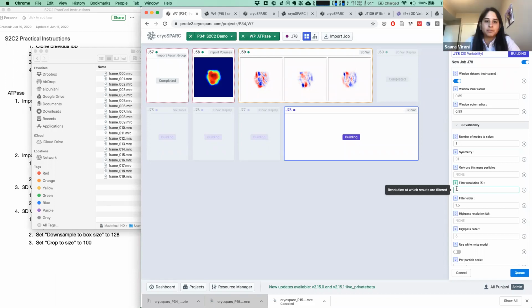Perfect. And you kind of touched on this a little bit before, but in terms of strategy, what's the best approach to utilize 3D variability in a sample that has both conformational variation and compositional variation? Great question. The optimal strategy, I would say, is to do two things in parallel. One, take all of your particles without trying to classify them at all, put them into 3D variability analysis and see what you get.